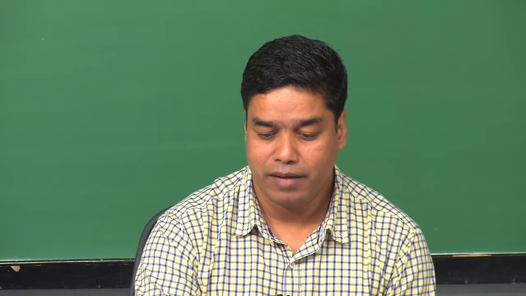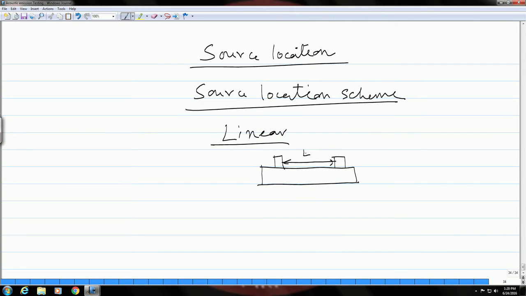For example, if you have a linear kind of structure, you could simply put two sensors at a particular distance from each other, sensor 1 and sensor 2, and let us say these are placed at a distance of L from each other.